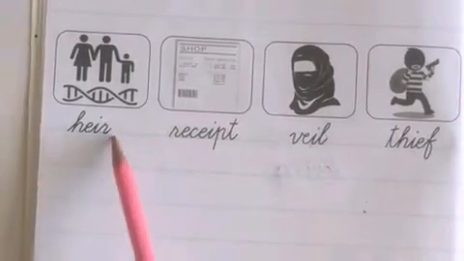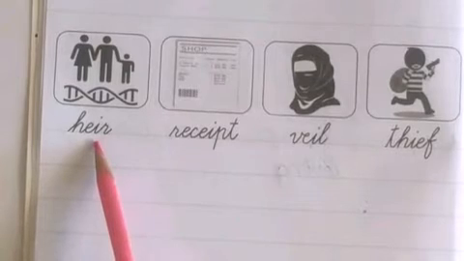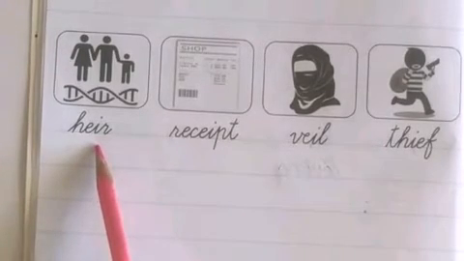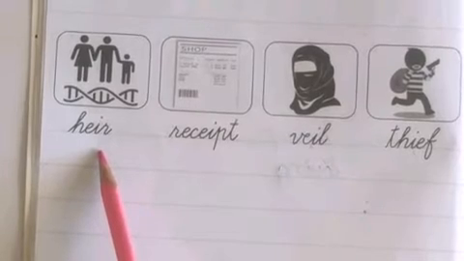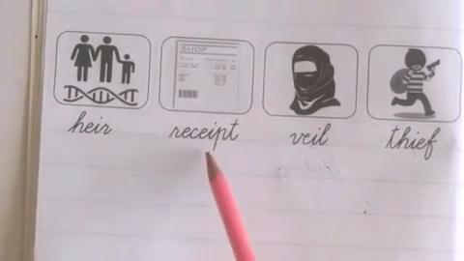Let's have a look at the next one. The next one is heir, its Urdu meaning is waris, and we can use it in a sentence like this: he is the only heir of his family. The next one is receipt.